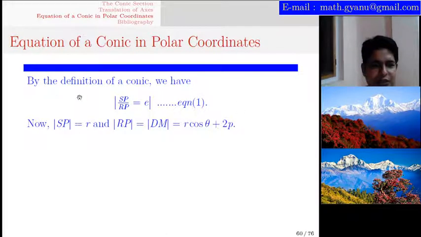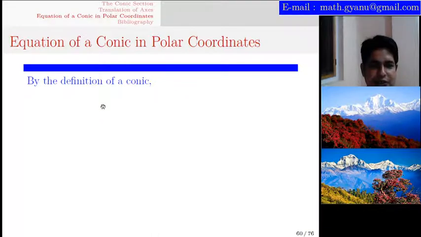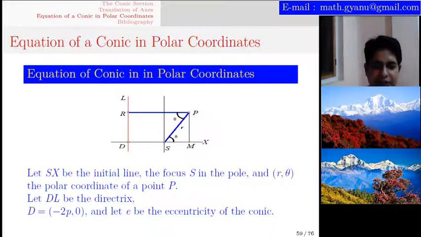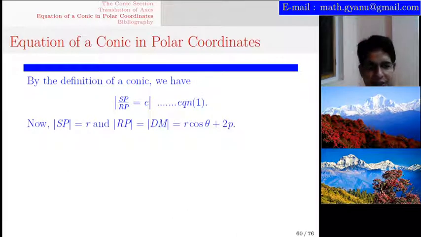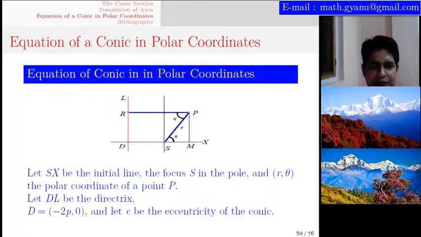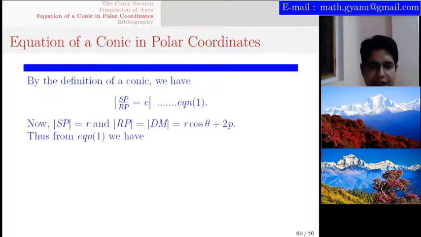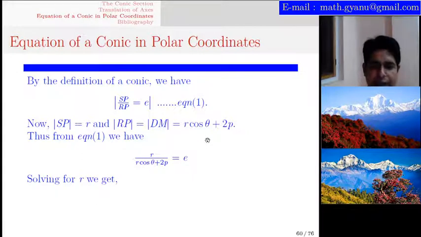The distance SP is always written in absolute form, and SP equals r, and RP equals r cos theta plus 2p in this figure. Now from the equation, substitute SP equal to r and RP equal to r cos theta plus 2p. That gives r by r cos theta plus 2p equal to E. After solving for r, you will get r equal to 2pe by 1 minus e cos theta.